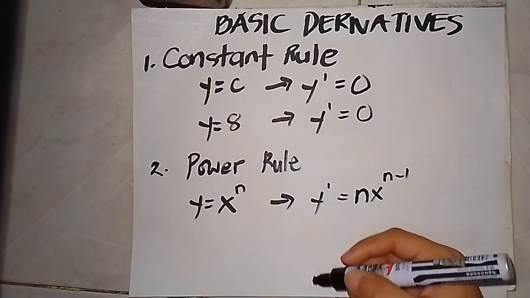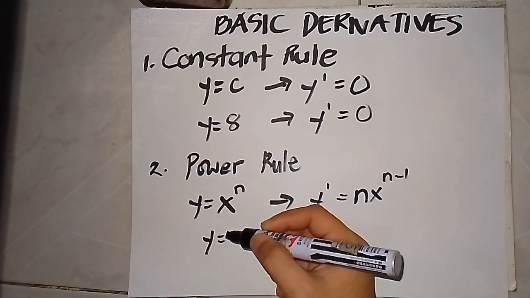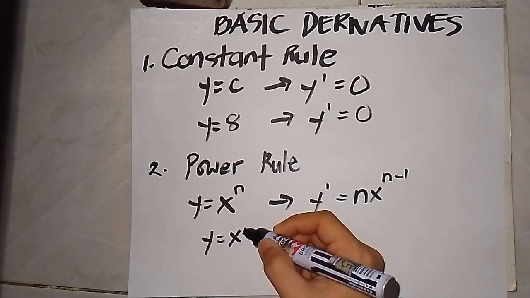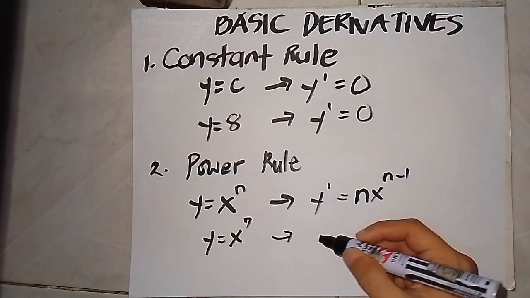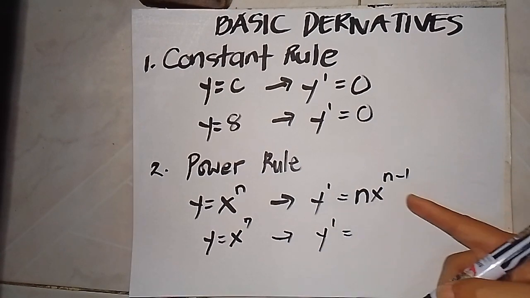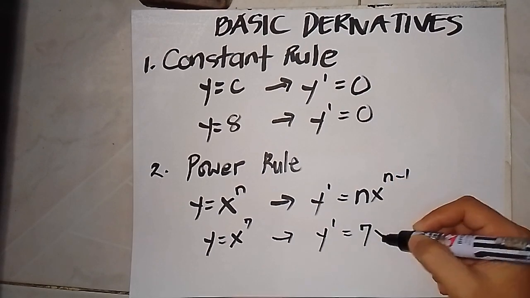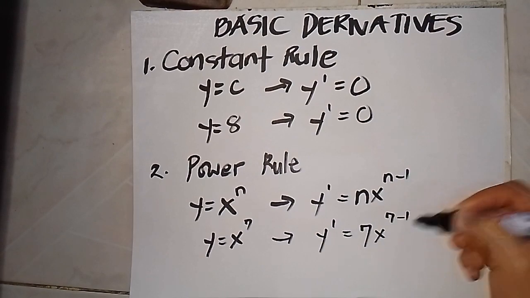So let's have an example. Let's say we're going to find the derivative of x raised to the power of 7. The derivative will be y prime is equal to, since our n is 7, 7x^(7 minus 1).